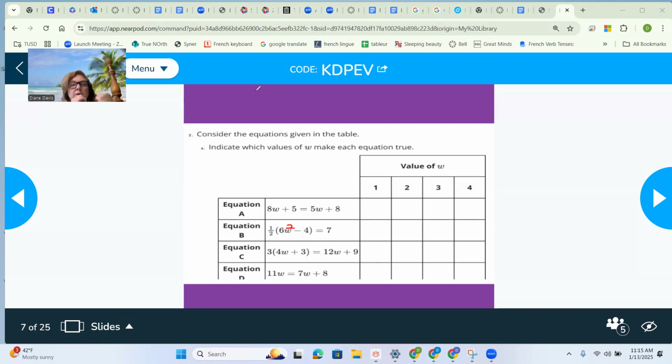Okay, thank you for contributing that. So let's try that out. If you put 2 times 6, that's 12, right? Take away 4, you need it to be 14 in order to multiply it by 1/2 and get 7. So what number would you have to put in there?